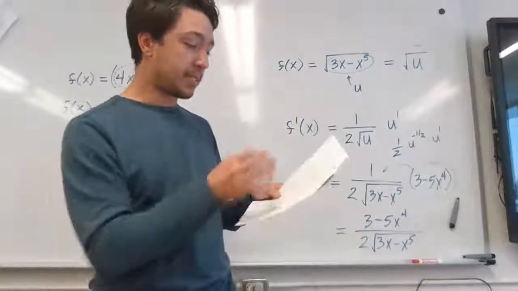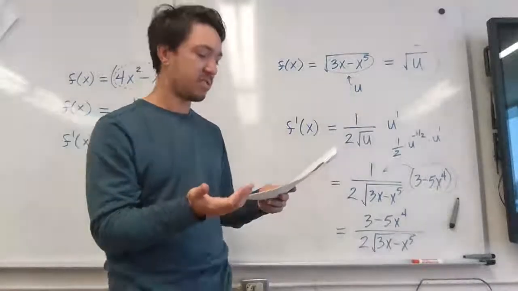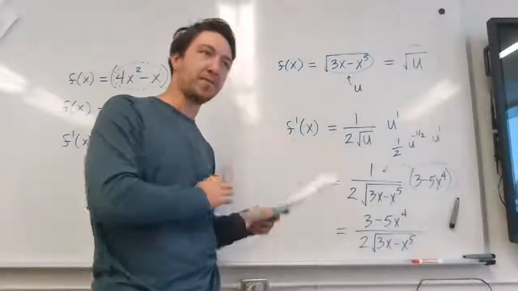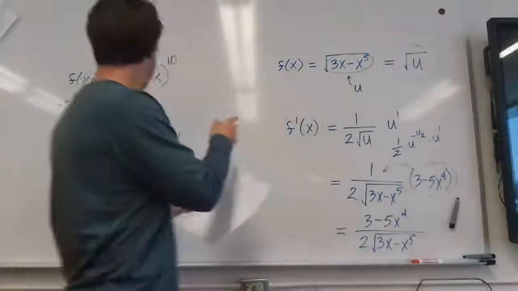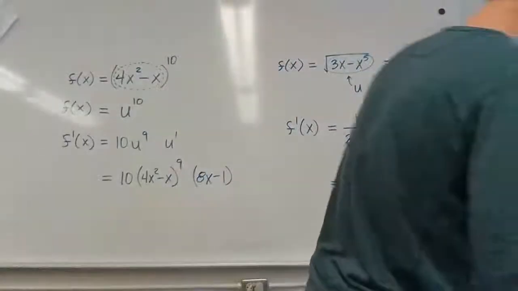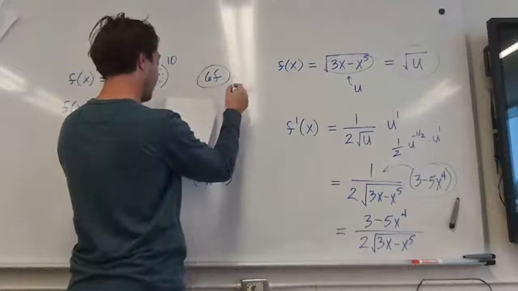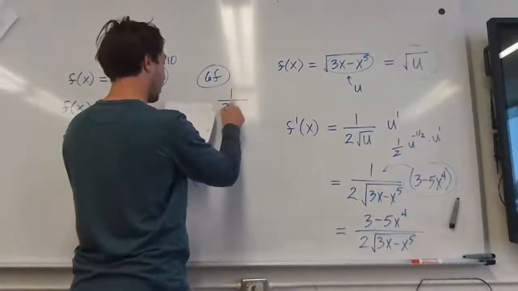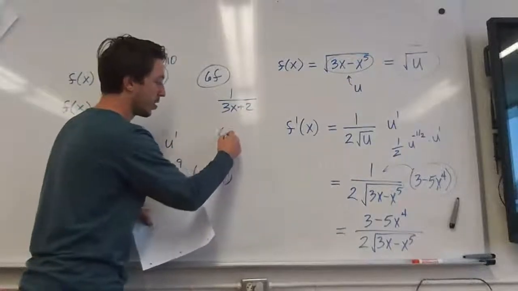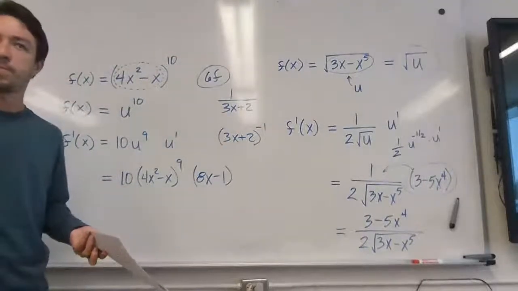Notice some of them, like if you look at 6F or 6D, you might go, shouldn't I use the quotient rule? No, force yourself. Make it a chain rule problem. The first step on these chain rules is, just a quick example, on 6F, when you have 1 over 3x plus 2, write this as 3x plus 2 to the negative 1, and now do it like a chain rule.